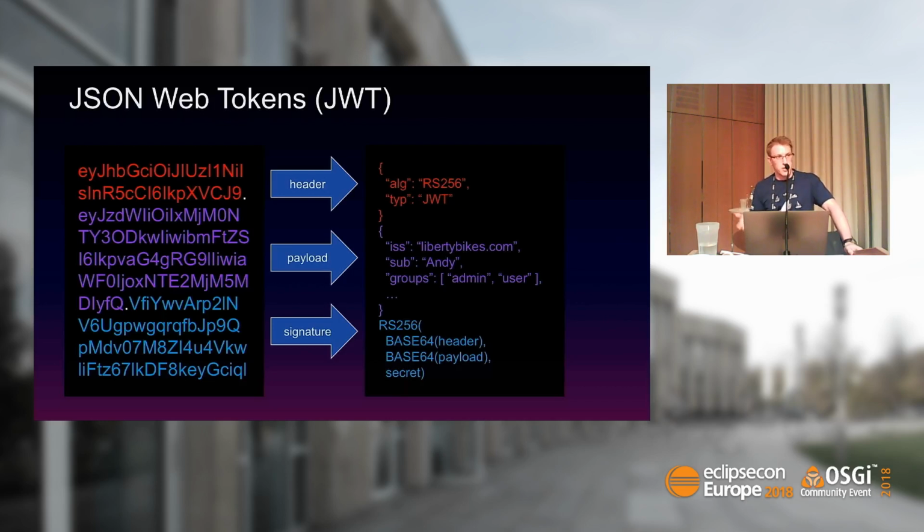The signature at the bottom is signed with the private key of the service, and the client that wants to validate the JWT can use the public key of whoever issued it to verify that the information in the first 2 sections is correct and can be trusted.